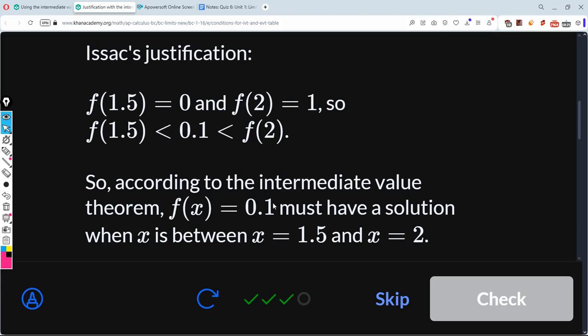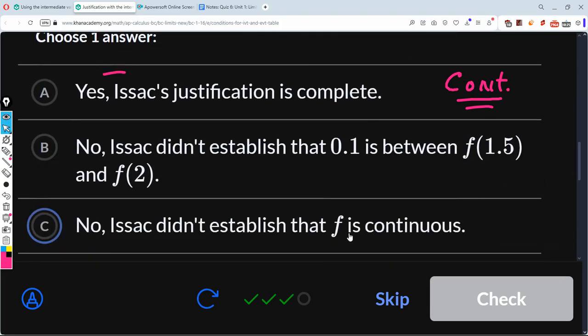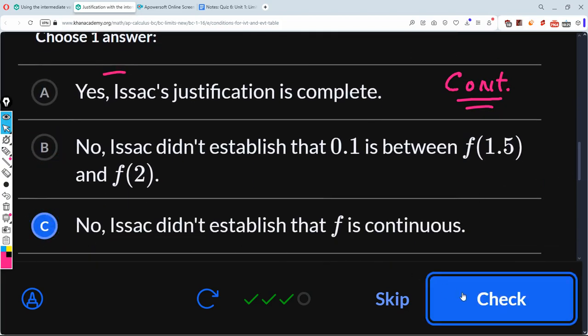And then he concludes that it must have a solution. That part is correct, but he forgot to mention that it's continuous. That's really the first step, that it has to be continuous. So that's the only issue here. He did not establish that it's continuous.